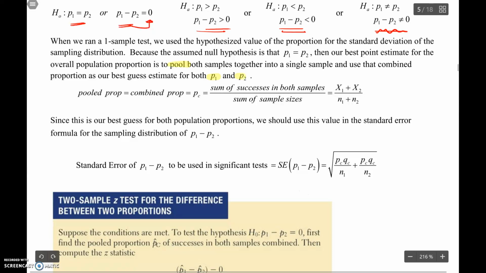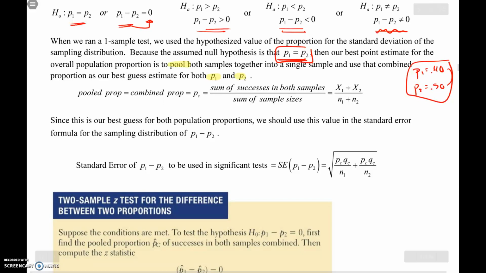It doesn't make sense to have a null hypothesis that they're the same and then put in 40% for p1 and 50% for p2. If we're assuming these are the same, why would we use two different values, right?